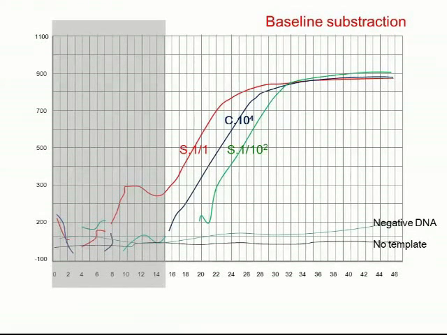After baseline subtraction, the other step is that a threshold level should be set at the starting point of significant amplification. Usually, software automatically sets the threshold at 10 times the standard deviation of baseline fluorescence.